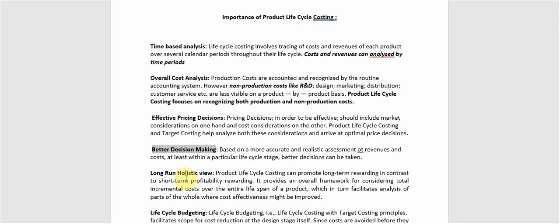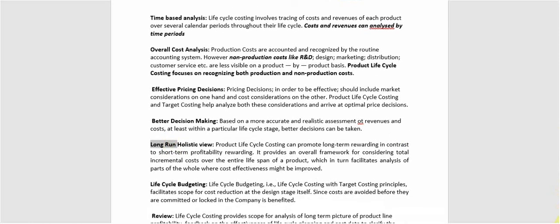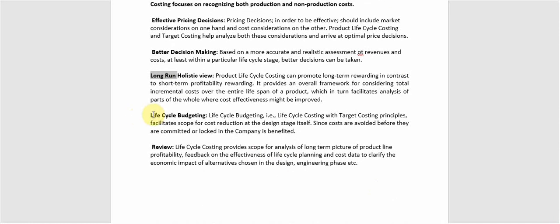So it helps with better decision making and is helpful in the long run. At the same time, it is also helpful for life cycle budgeting and for reviewing the costs at different phases.